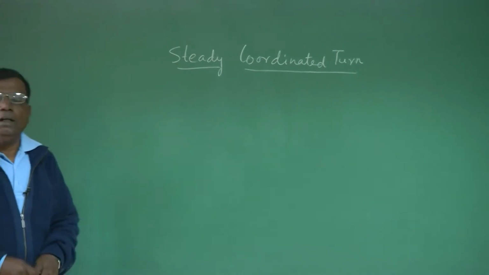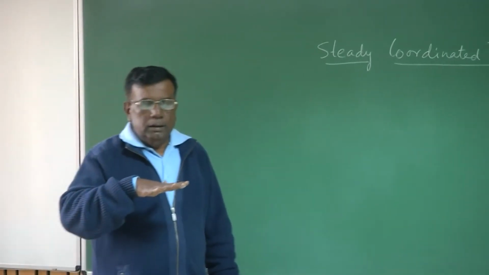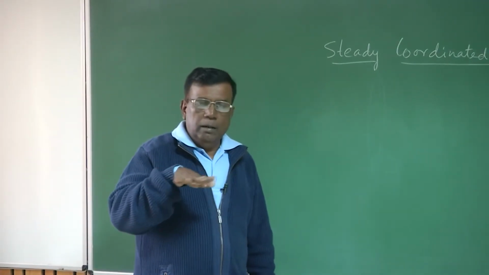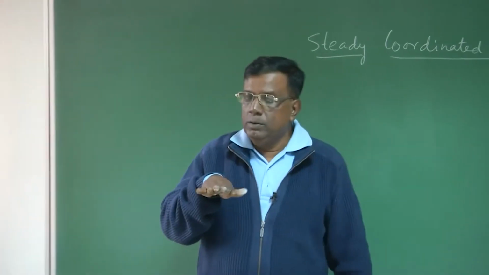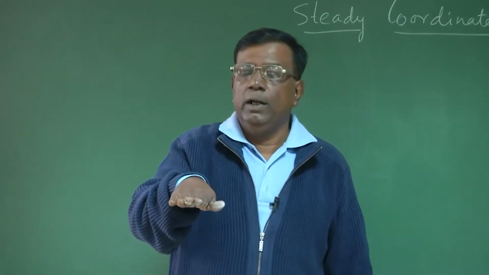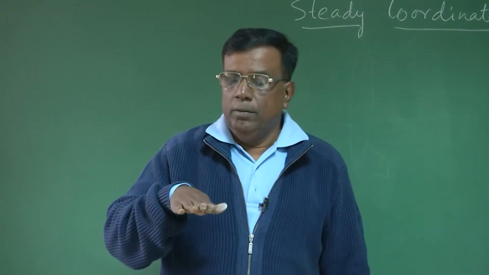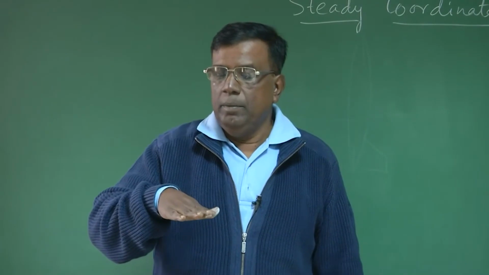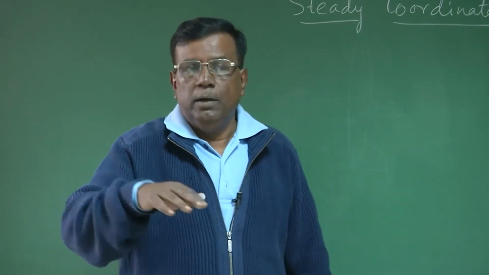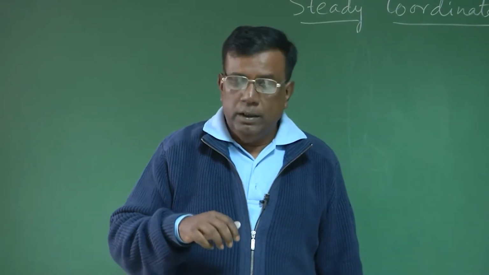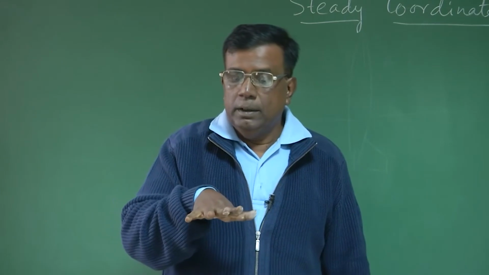What is a steady coordinated turn? Earlier we were discussing the airplane in level cruise, going like this. For a steady side slip, the airplane is going like this. But for a steady coordinated turn, I am turning like this.